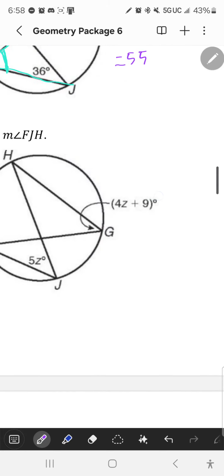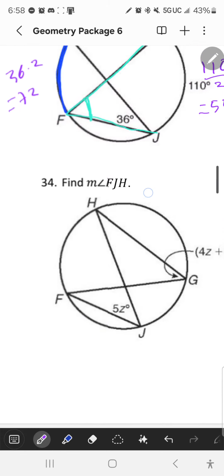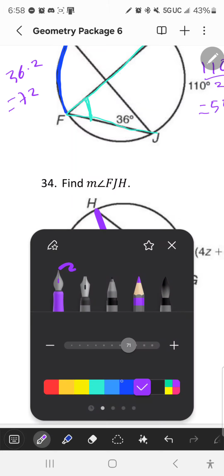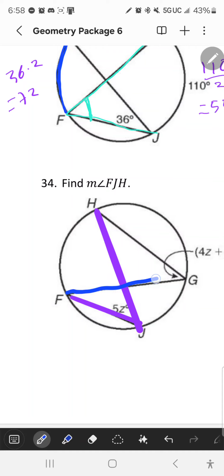This is more or less the same. Now we have this angle right here. Let me make this bigger. So this, this, and we have this, this. As you can see, they are both over the same arc.